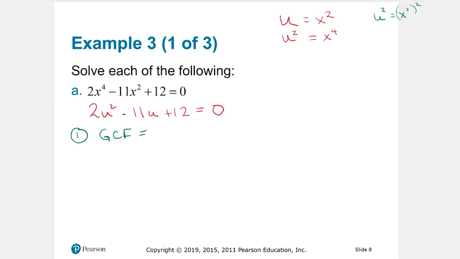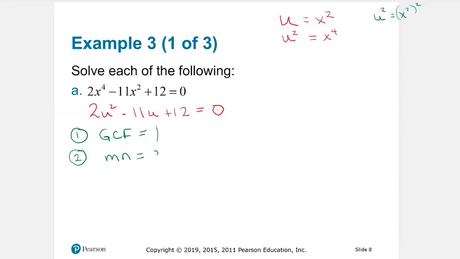And 2, 11, and 12, they have no factors in common. So there's no common factor there. And then we have U squared, U, and then nothing. So again, we have no common variables. So we just say our greatest common factor is 1, and then we go to the next step. And my next step is I want to find 2 numbers.